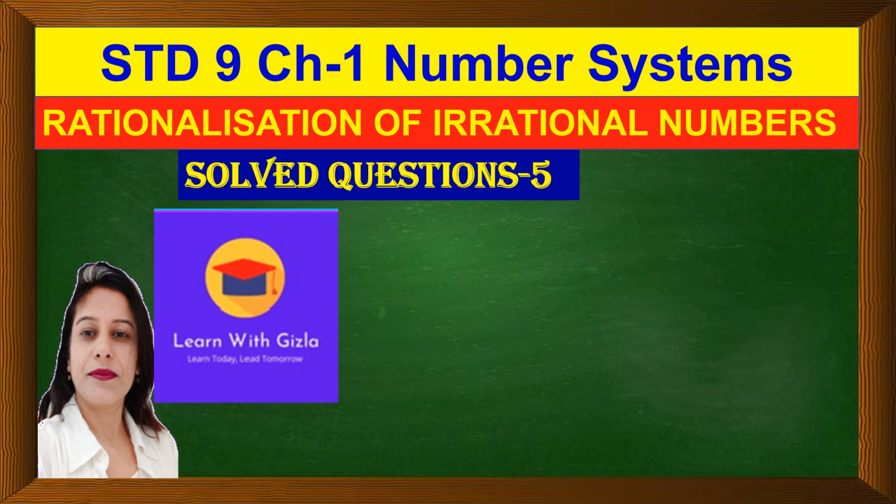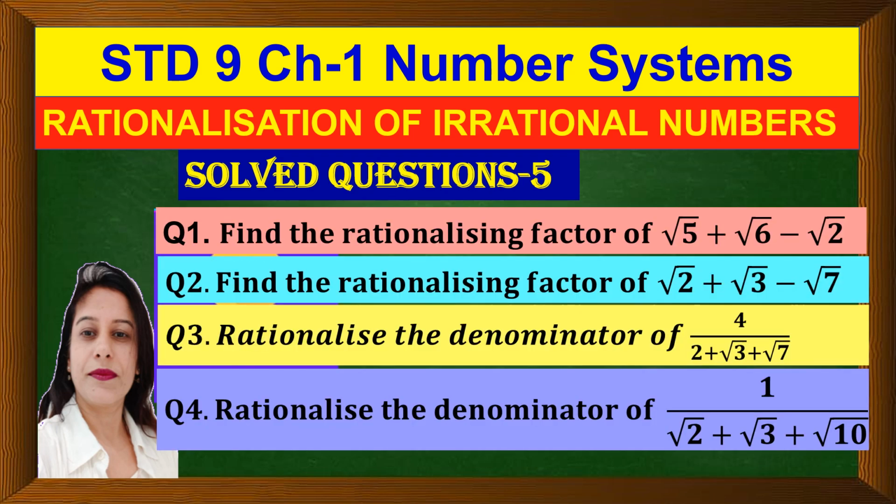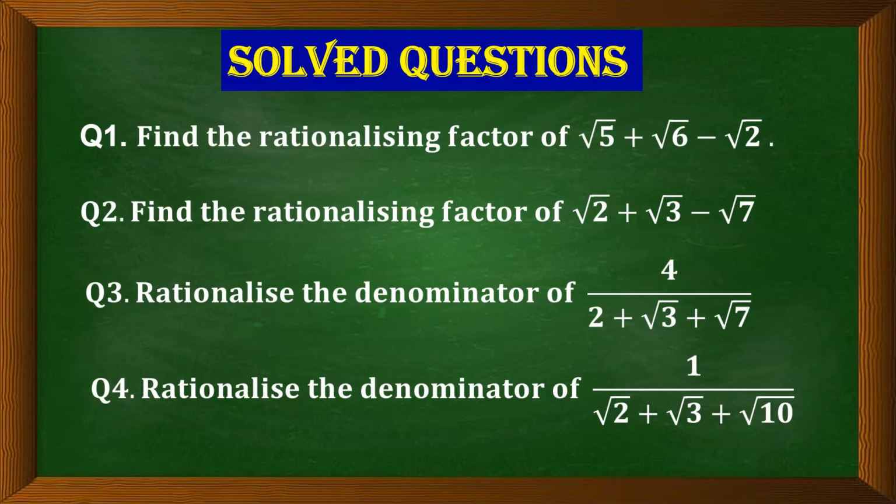In this video of number systems, we are going to take a few solved questions related to rationalization of irrational numbers. In this video, we are going to solve these four questions. In the first two questions, we have to find the rationalizing factor.